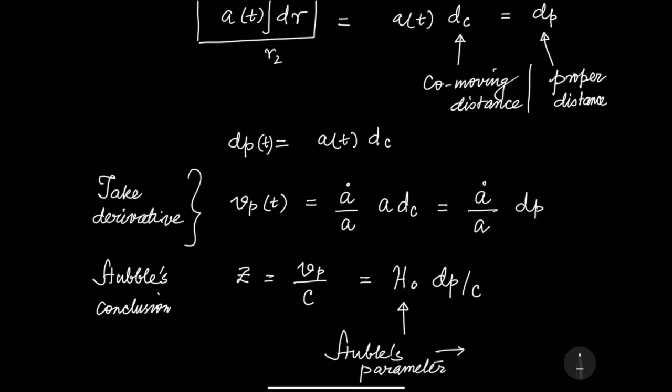This is essentially the value of this quantity a dot by a, the derivative of the scale factor with respect to time divided by the scale factor at present. Okay. And that explains why Hubble saw the redshift.